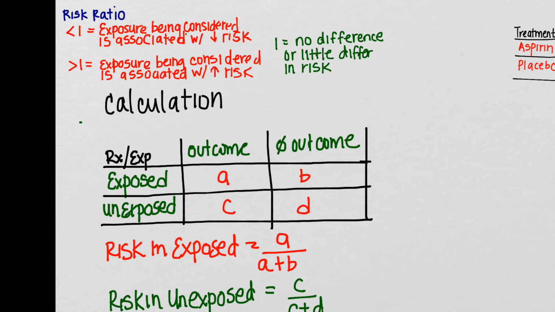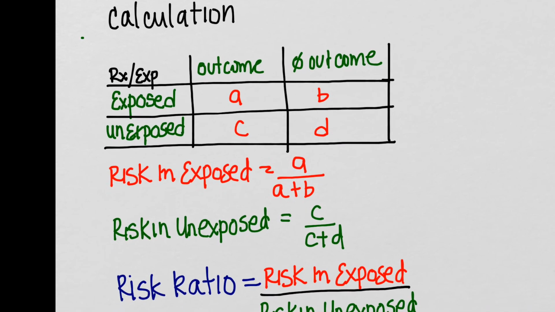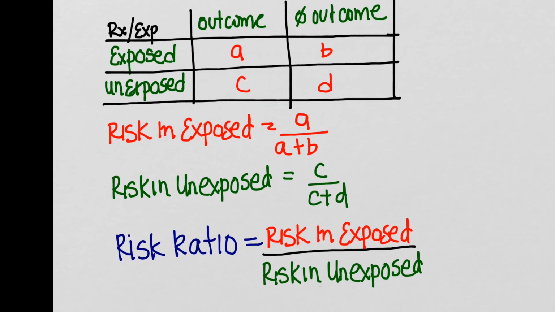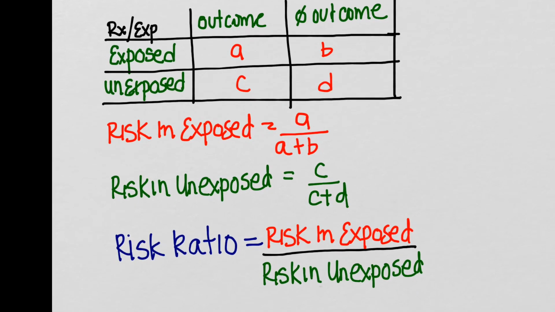So how do we calculate risk ratio? It's a tad bit different than the odds ratio. When we calculate risk ratio, we're looking across the rows. When we want to calculate the risk in the exposed group, we calculate cell A in the numerator divided by the total number of patients in that row, so cells A and B. If we want to calculate the risk in the unexposed group, then the numerator is C, those who were unexposed that had the outcome, divided by the total number of patients that were unexposed.